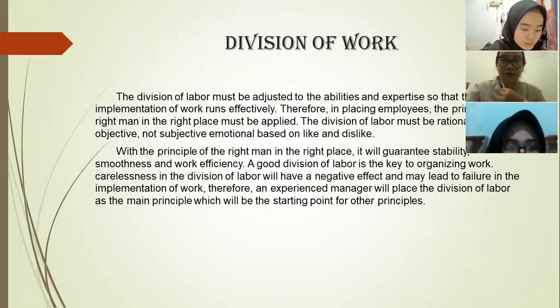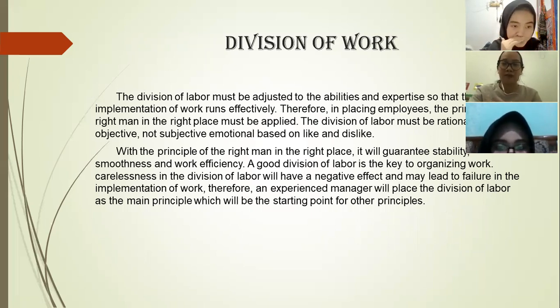Division of work. The division of labor must be adjusted to the abilities and expertise so that the implementation of work runs effectively. Therefore, in placing employees, the principle of the right man in the right place must be applied.